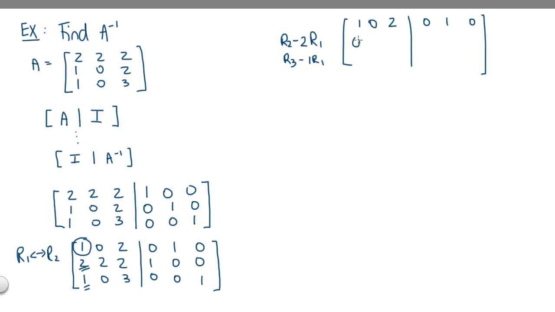So that will give us 0, 2, negative 2, 1, negative 2, and 0, as long as we do row 2 minus 2 row 1 all the way across there. Now in our bottom row, to eliminate the 1, remember we're going to go row 3 minus row 1. So we'll get 0, 0, 1, and then 0, minus 1, 1.